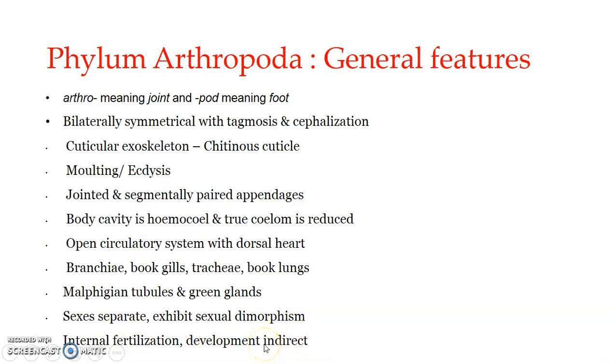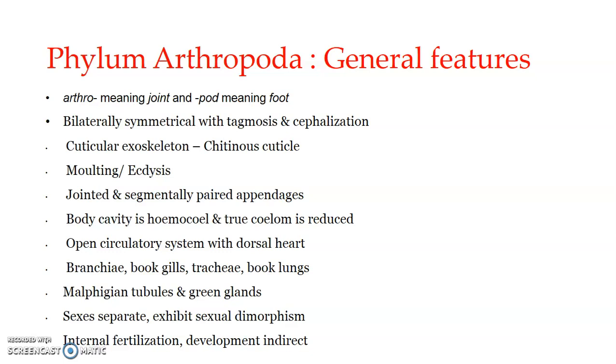Indirect development in the sense it has a larval stage in between, though not in every case, but there are plenty of species in Arthropoda which have indirect development with well-defined larval stages. And even in some cases, you can see parental care well marked in many species of arthropods.